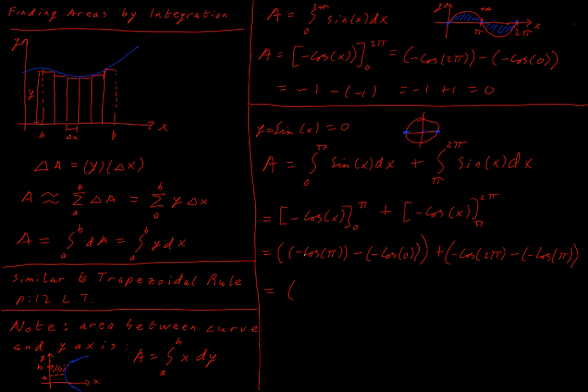So we get cos of pi is minus 1. Minus cos of 0 is 1. Cos of 2 pi is 1.